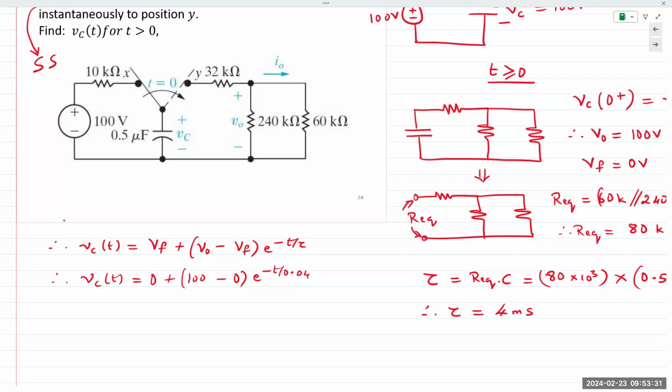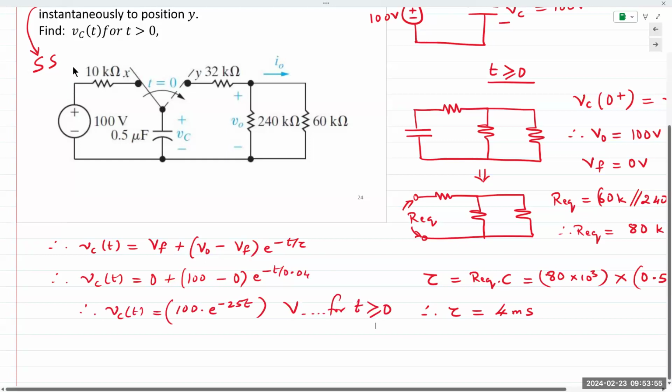And that gives me what? 0.04 reciprocal is 25. So Vc of t is 100 times e raised to minus 25t volts. And this equation is valid for all time t equal or greater than 0. Very similar to the previous one.